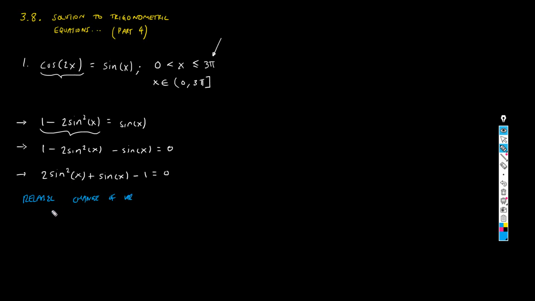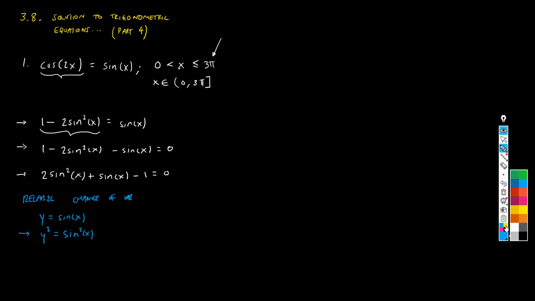And I'm gonna say, all right, let me create the variable y and let me make it equal to sine of x. With this change, then y squared is equal to sine squared of x. By raising both sides to the square, that's what you get. And then you can see that in here we have y, and in here we have y squared.